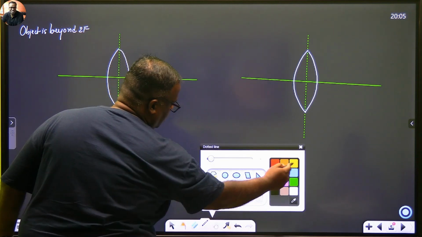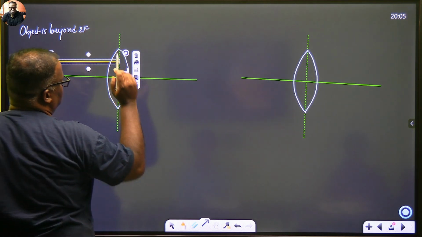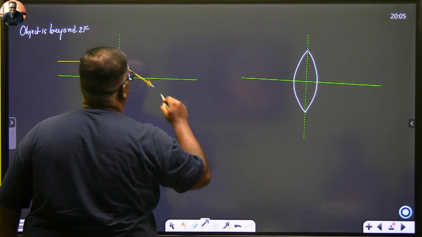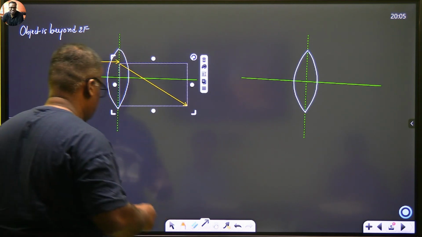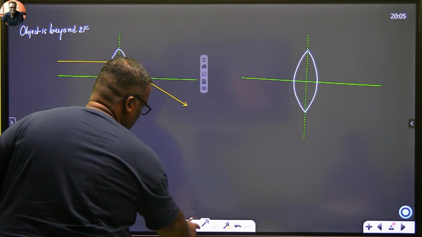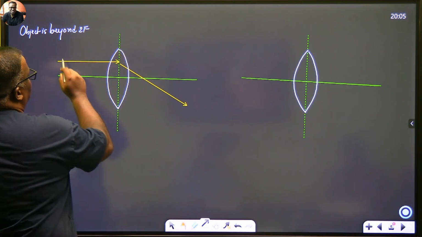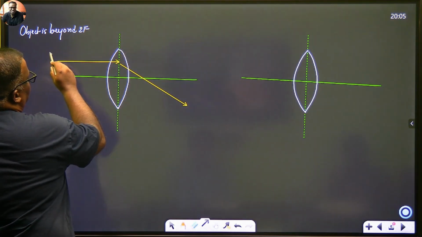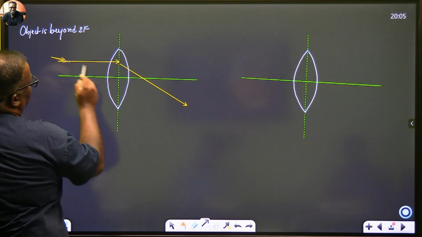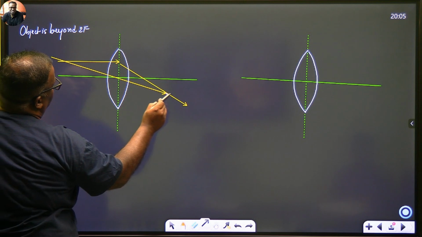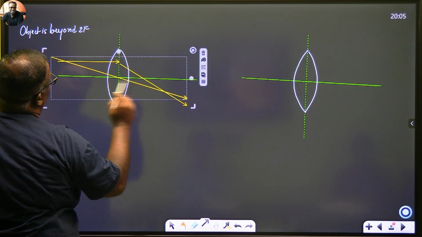So let's make our diagram. A ray of light which is parallel to principal axis will pass through the focus. Okay, and there has to be another ray, and that other ray would be the ray which is... it will become much smaller.